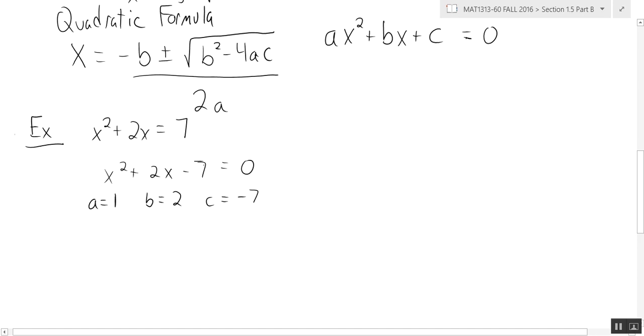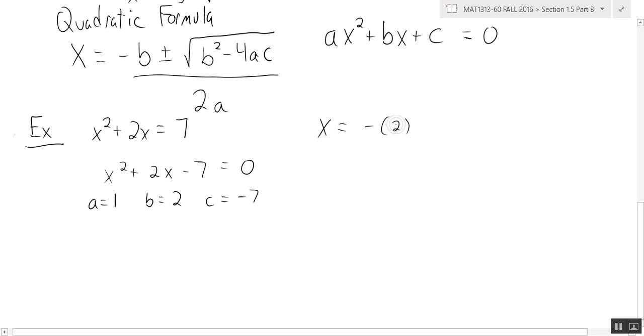So now that I have what a, b, and c are equal to, let's look up here at my quadratic formula. And we're going to plug everything in parentheses. I like to plug it in parentheses if it's positive or if it's negative. So I have x equals negative b. So I have negative of 2, that's what b was, a positive 2.